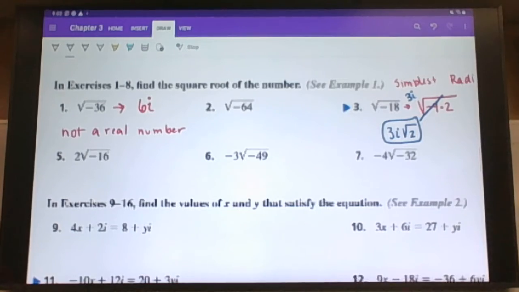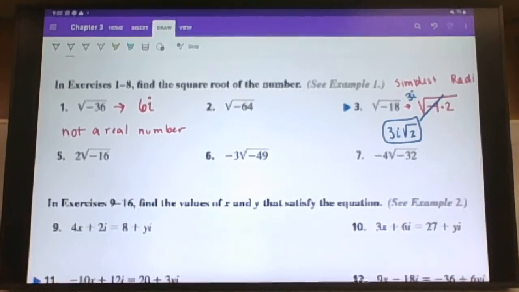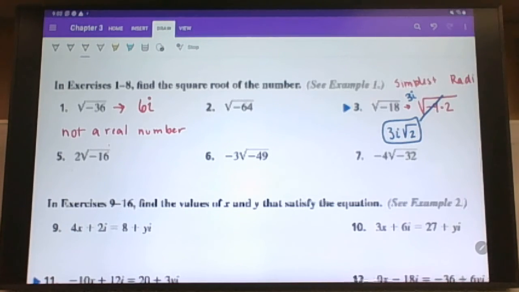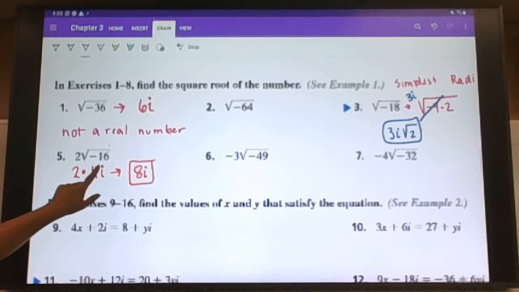I'll wait a moment. All right, so the square root of negative 16, we write 4 with the imaginary i. 2 times 4i is 8i.